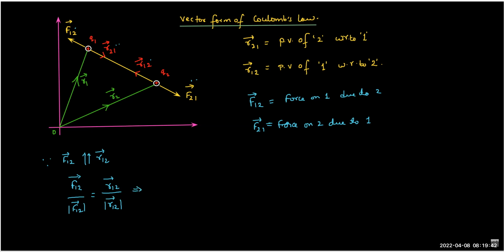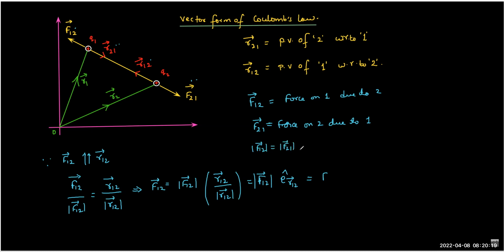From here you can see clearly that for the formula for force on 1 due to 2, you can write the magnitude and multiply with the unit vector of the second vector, right? Yes, sir. There are many ways of writing this F12 times R12 vector, or simply connect them, because the magnitude of force is the same. We also know that mod of F12 is the same as mod of F21 because these are action-reaction forces, so we can just call it F. So this is easy to write like this.